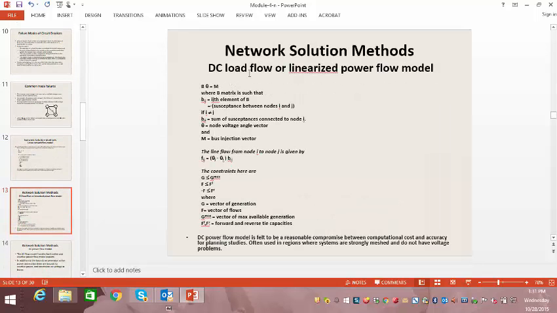The next level of the flow model is the DC load flow model. Here, these are the bus angles, and this is the matrix of the susceptances, and M, these are the injections into the nodes. So here we assume that the voltage of each bus is 1 per unit, but the angles, they change.